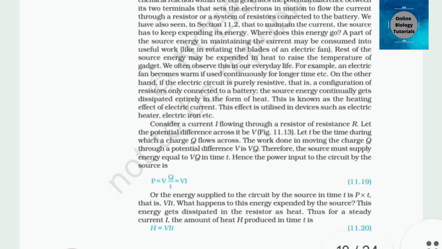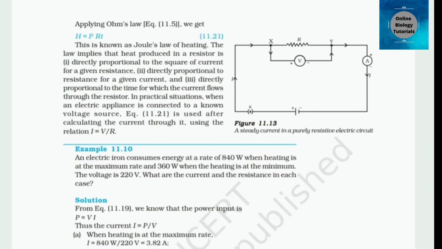Thus, for a steady current I, the amount of heat H produced in time t is H = VIt. Applying Ohm's law, equation 11.5, we get H = I²Rt. This is known as Joule's law of heating. The law implies that heat produced in a resistor is (1) directly proportional to the square of current for a given resistance, (2) directly proportional to resistance for a given current, and (3) directly proportional to the time for which the current flows through the resistor.